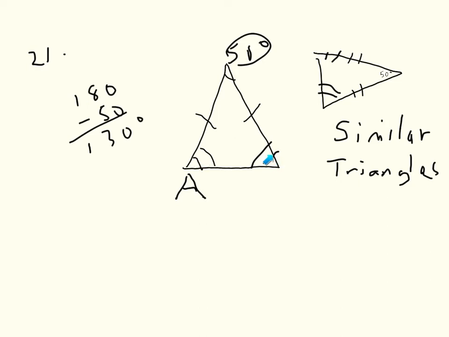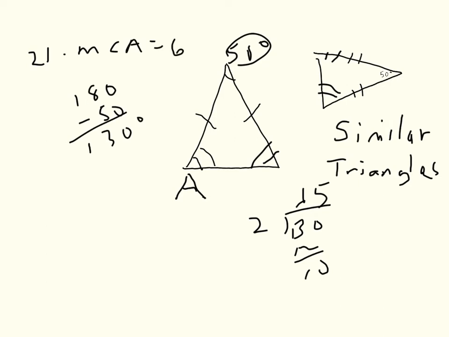But these two angles are exactly the same, so if we find half of 130, we'll have the answer that we're looking for, which is 65 degrees. So the measure of angle A is 65 degrees.